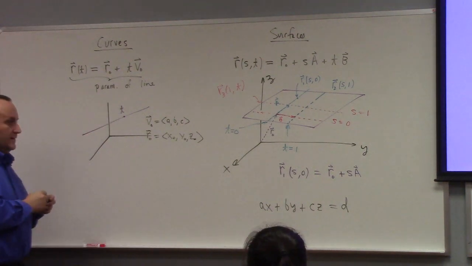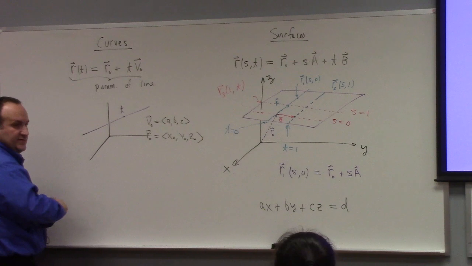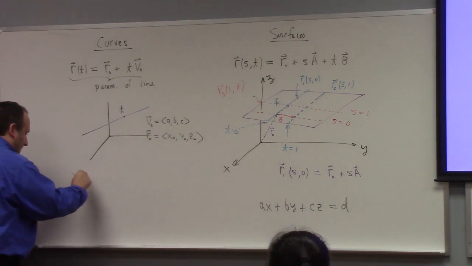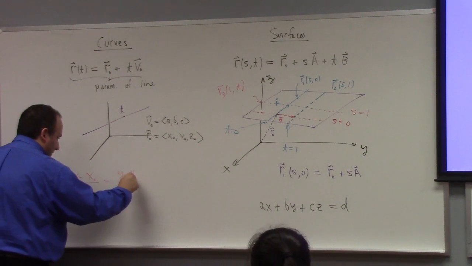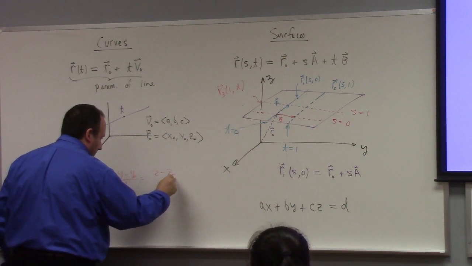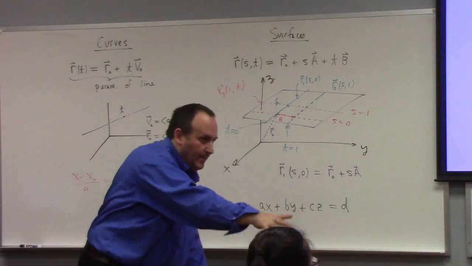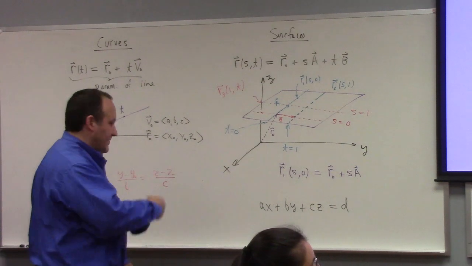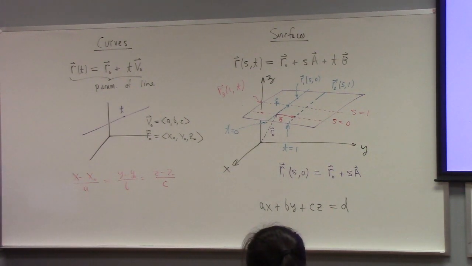Well, it turns out that you can write equations. They're this: x minus x naught over a equals y minus y naught over b equals z minus z naught over c. These are the so-called symmetric equations for a line.